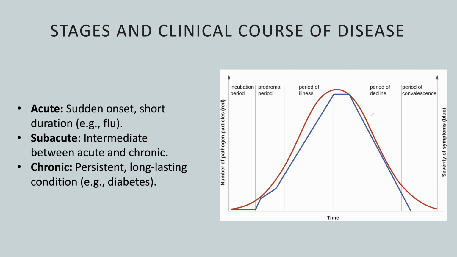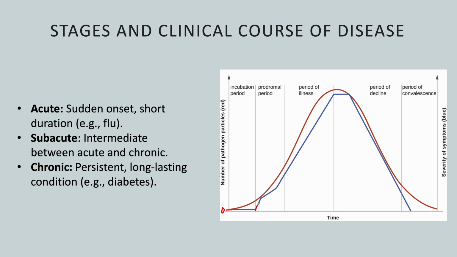Here you have this diagram representing visually the stages of incubation, prodromal, illness, decline, and convalescence. We have here in red the number of pathogens, and in blue the severity of the symptoms. Notice that they more or less correspond. The only moment when they are not corresponding totally is here, in the incubation period, where signs and symptoms are zero.